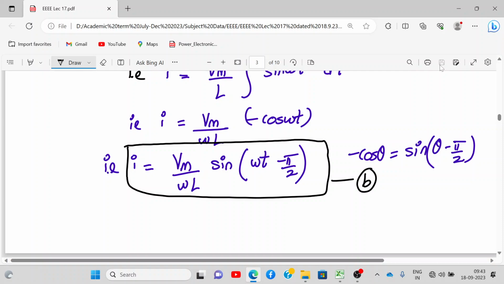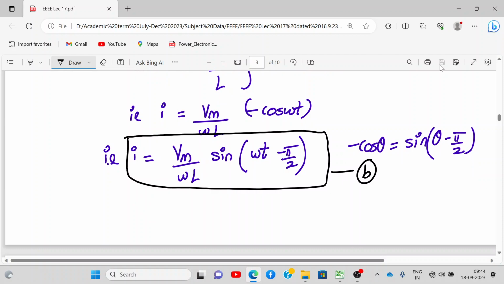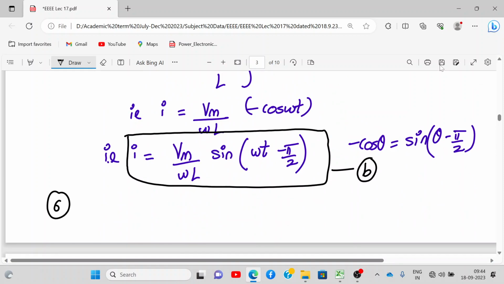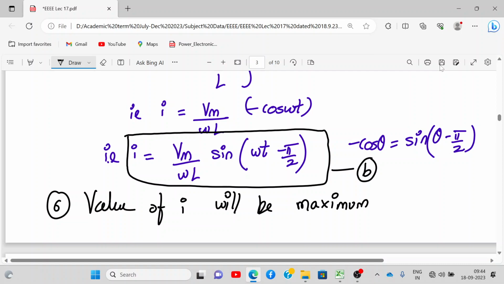Now, when will this value of I be maximum? It will be maximum when sine of omega t minus pi by 2 is equal to 1. So write down, point number 6. The value of AC current I will be maximum when sine of omega t minus pi by 2 is equal to 1.